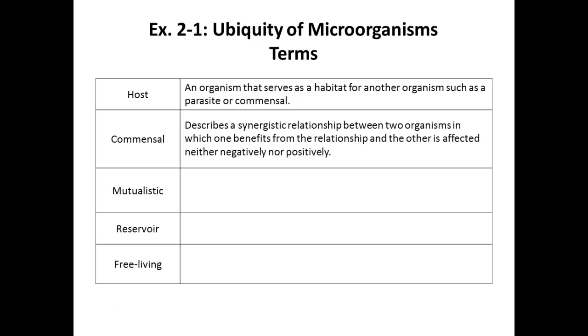Commensal means that you're living in the same place, you're the host, and the relationship is such that each other are not affected negatively nor positively. You're living harmoniously. There's no negative side effects of living together. There's no positive. I don't believe that's possible.